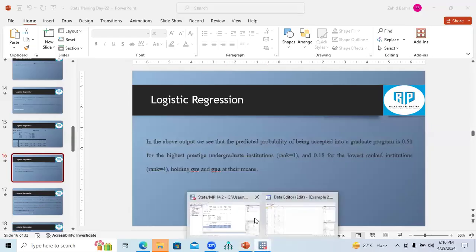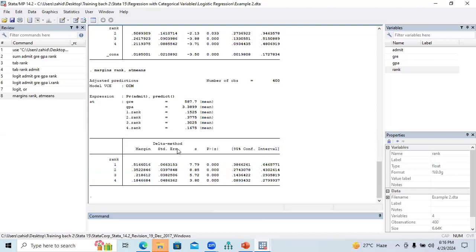If you see the results here, in rank 1, this is the percentage.